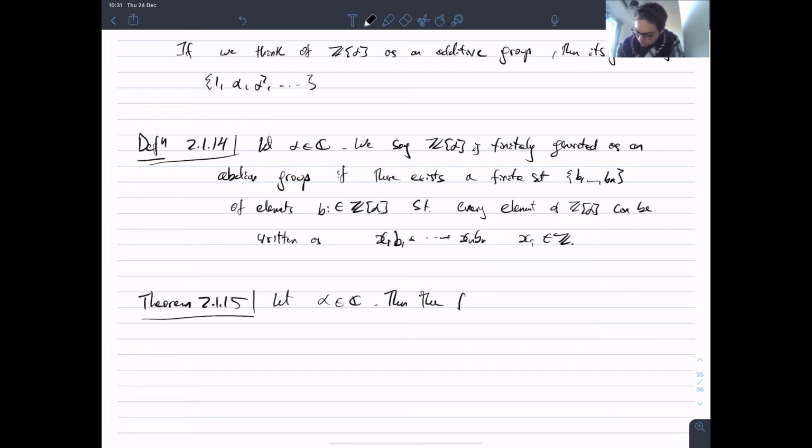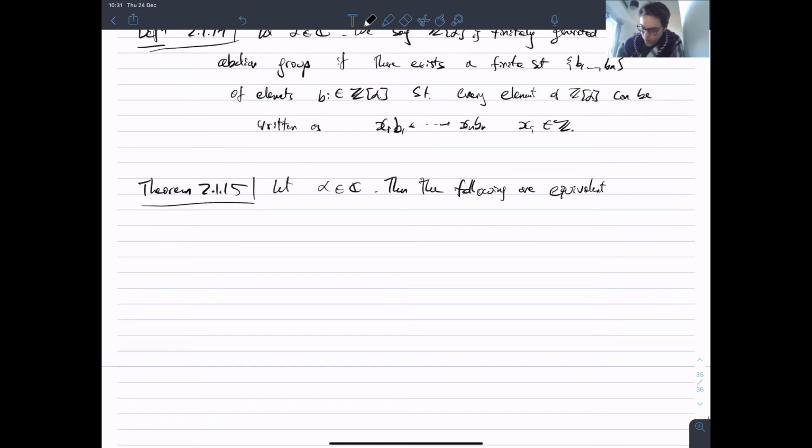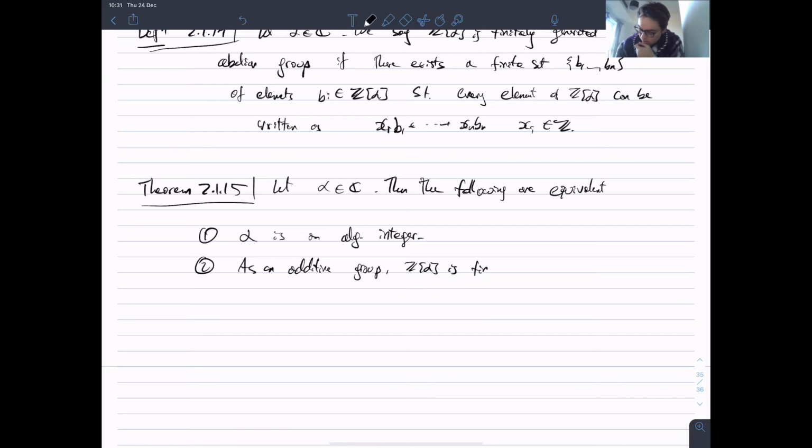Then the following are equivalent. 1: alpha is an algebraic integer. 2: as an additive group, Z[alpha] is finitely generated.